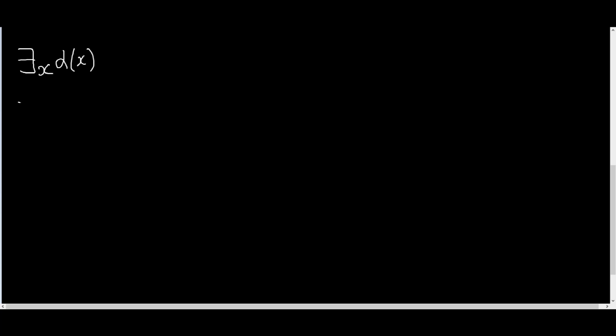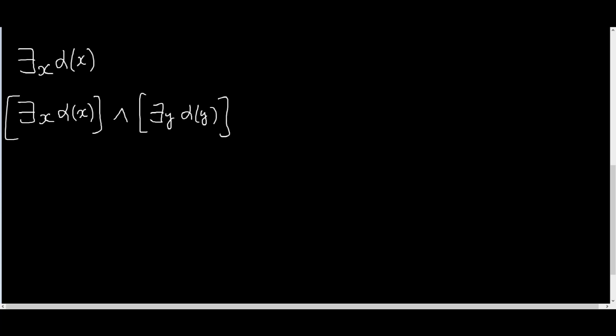Would it be enough to say that there exists x such that alpha x and that there exists y such that alpha y? So would this be good to say that there are at least two? Because you see, one is x and the other one is y. So that's how we get there are at least two. But actually, this is very much wrong.